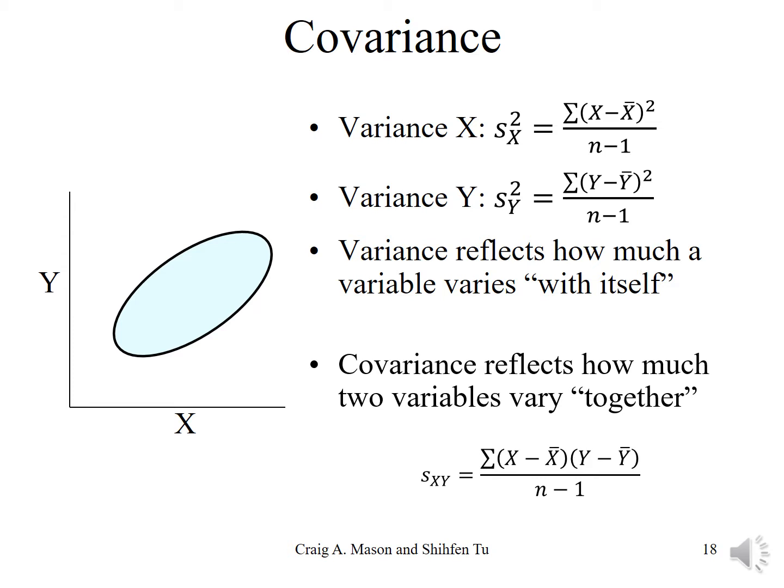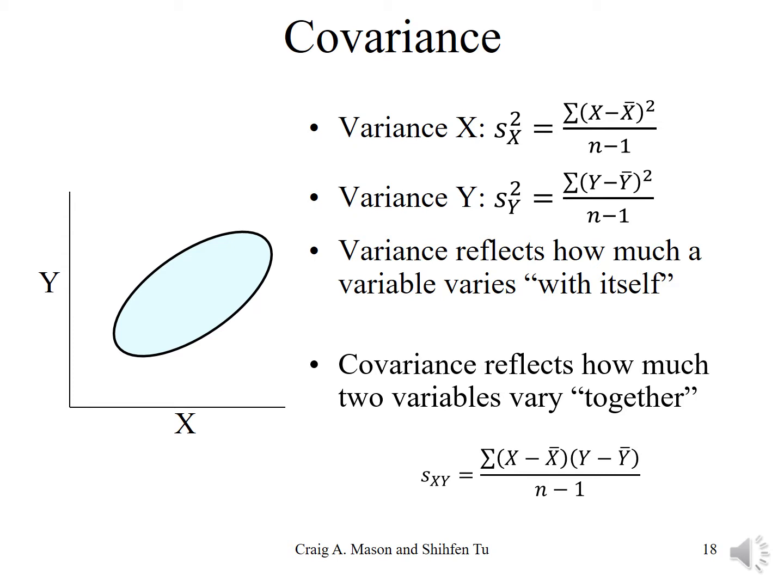To see that, let's look at the covariance formula. It's written as S sub xy and is equal to the sum of x minus x bar times y minus y bar, all divided by n minus 1. So notice a few things.